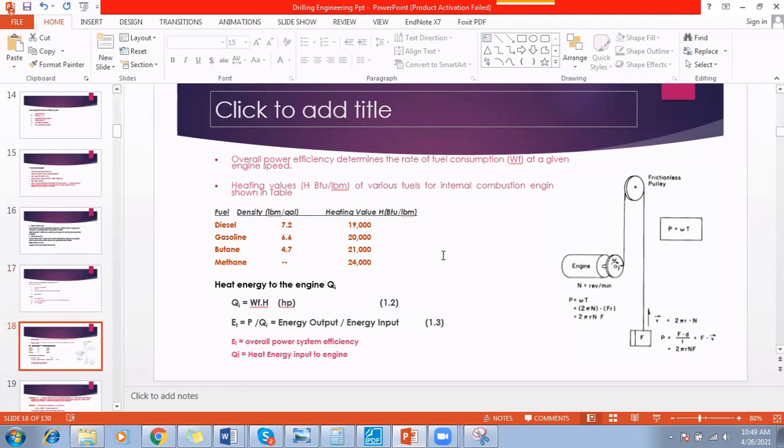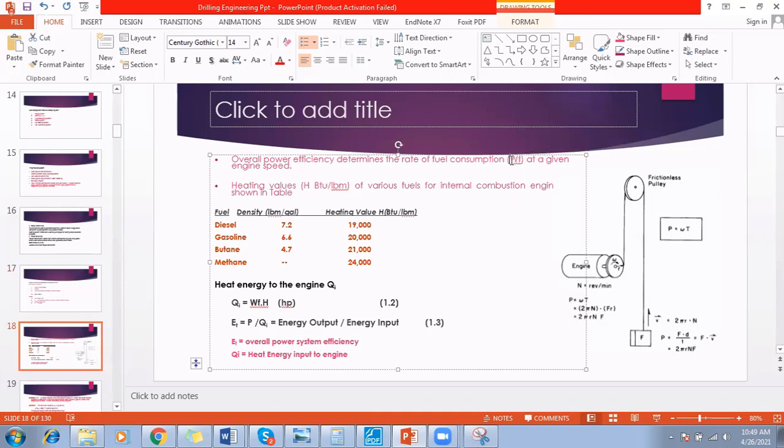Now coming towards the consumption of the fuel, the efficiency of the engine in terms of fuel consumption can be explained on the basis of WF. WF is a variable that explains the fuel consumption. You need to remember that WF is related to the heating effect of the fuel.